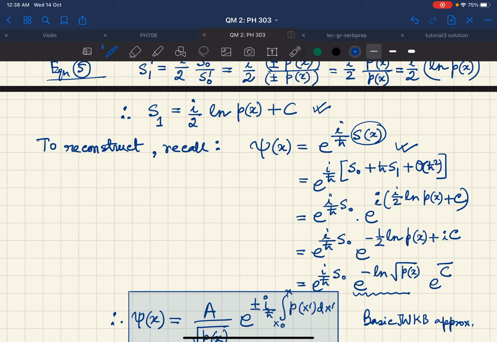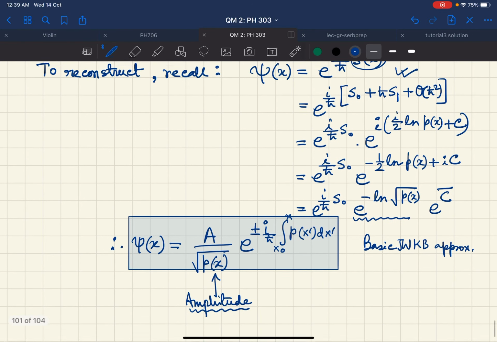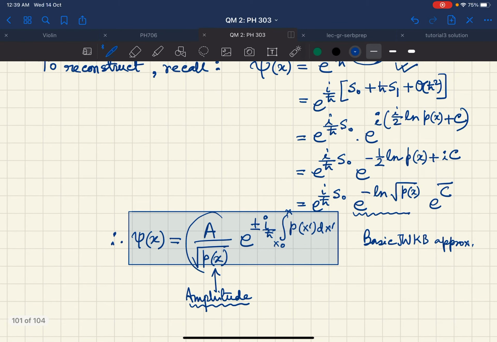And indeed, we have seen that S0 was real, but S1 was imaginary. With S1 imaginary, the role of S1 was to provide this magnitude part, this amplitude part. So we have actually obtained this expression for the WKB wave function.